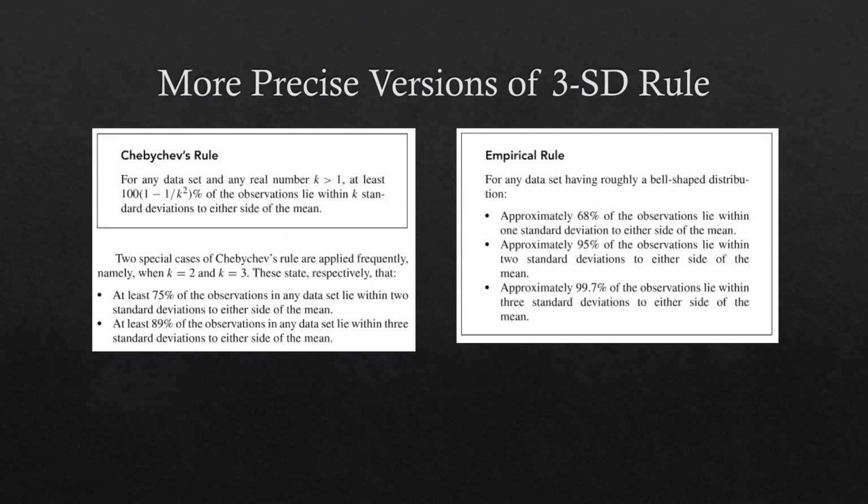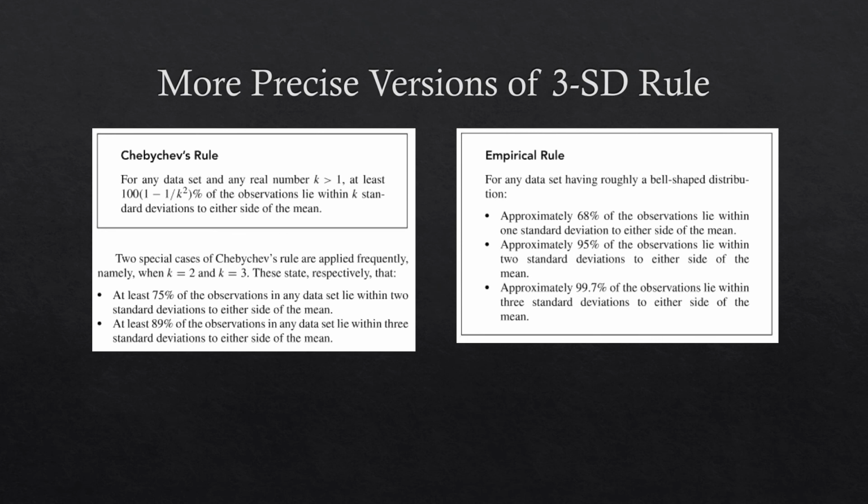Now I'm not going to speak much on Chebyshev's rule. You can see it in front of you and you can read it, but the empirical rule I will speak on because when we get to normal distributions, the empirical rule is going to come back to be one of our friends.